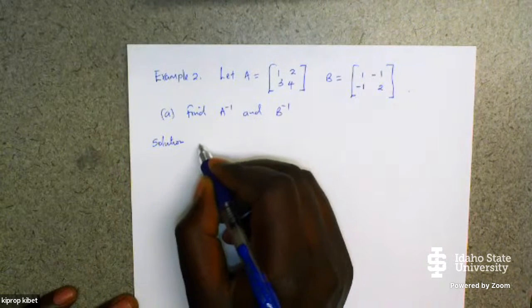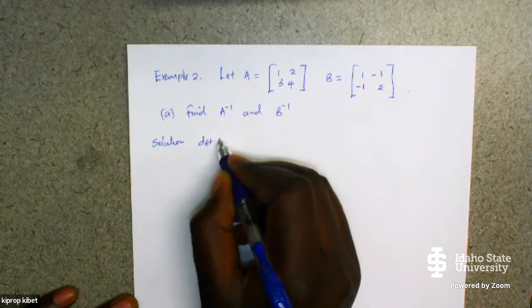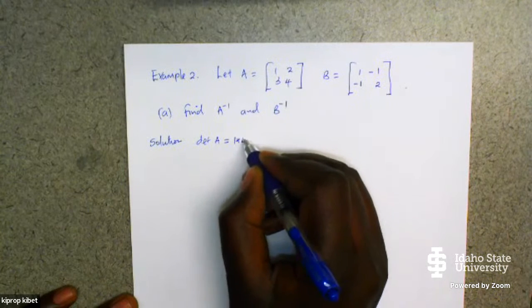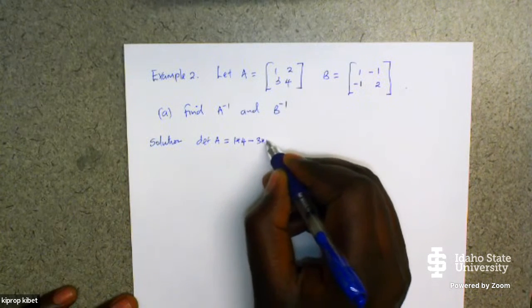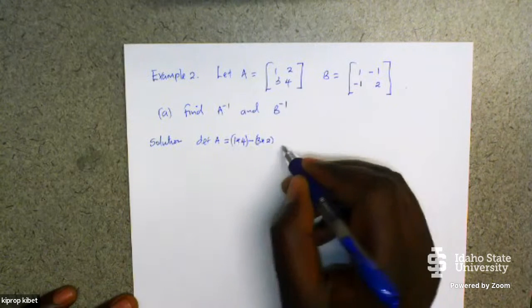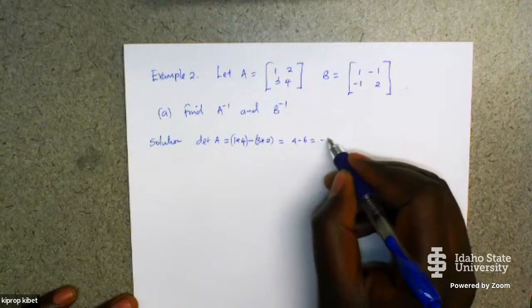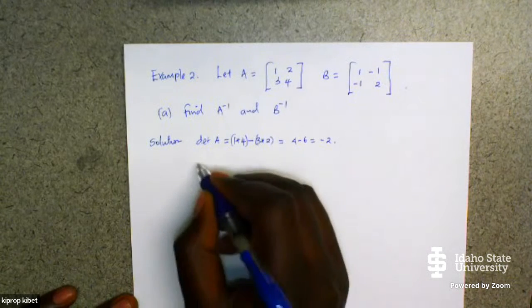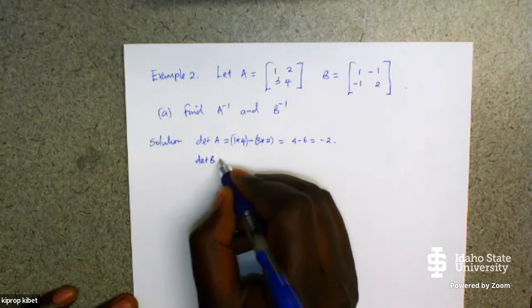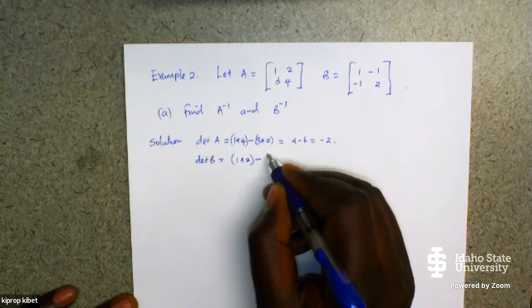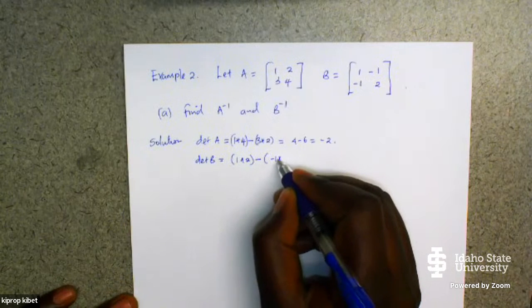So what we need to do is get the determinant of A, which equals what? 1 multiplied by 4 minus 3 multiplied by 2, right? Which equals 4 minus 6, which equals -2. The determinant of B equals 1 multiplied by 2 minus -1 multiplied by -1.